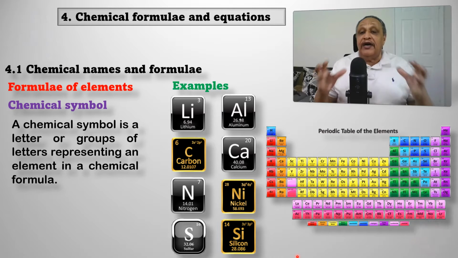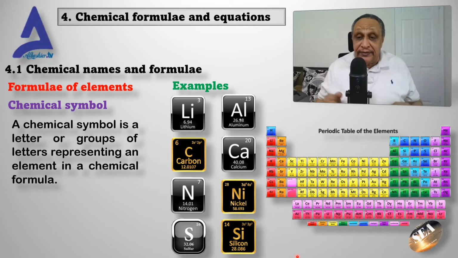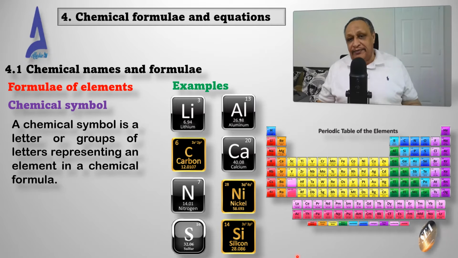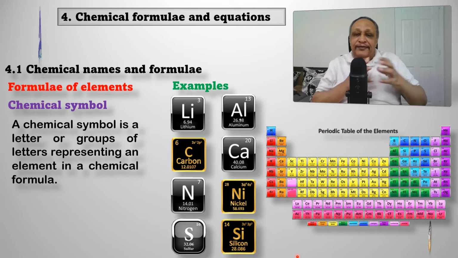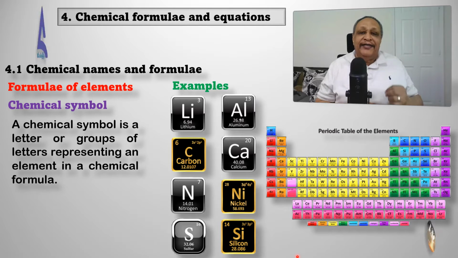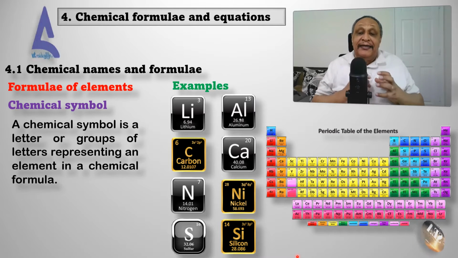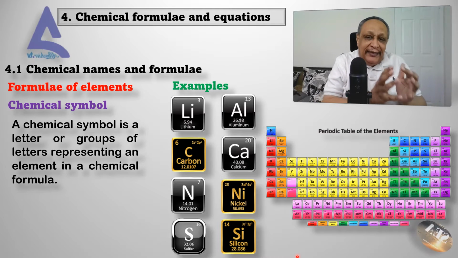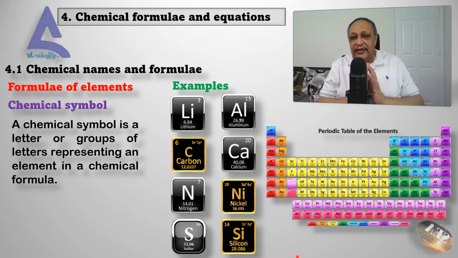So this is one of the most important purposes of making chemical symbols. Now let us move forward and try to understand how the English version comes.